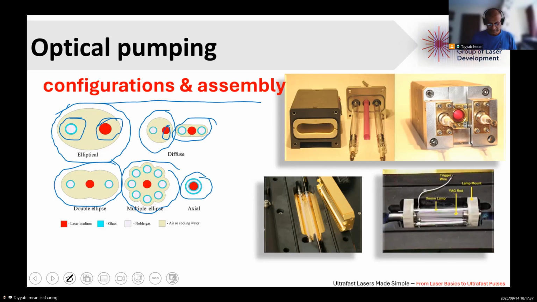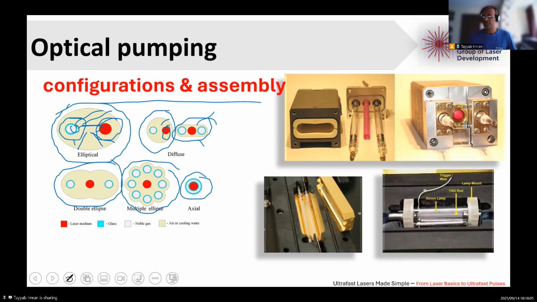So what exactly is happening here? This is a flash lamp and this is a laser. When the flash lamp is turned on, the light is reflected from all the sides and goes here. Its focal point is here, so light reflecting from all the sides concentrates here. Same thing here, but we are using two flash lamps.